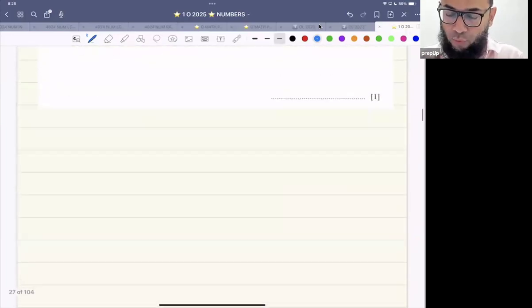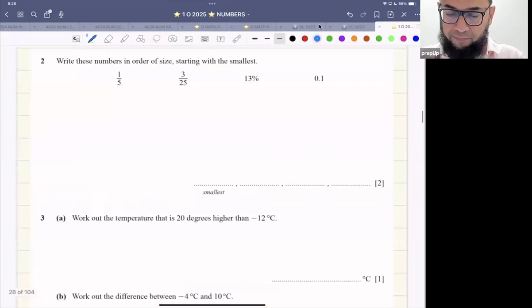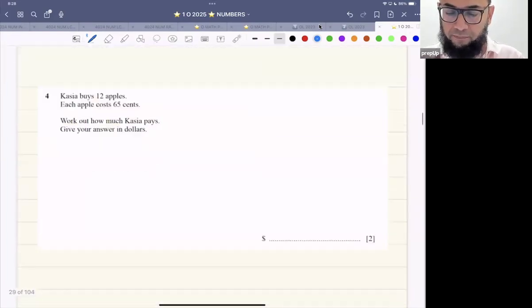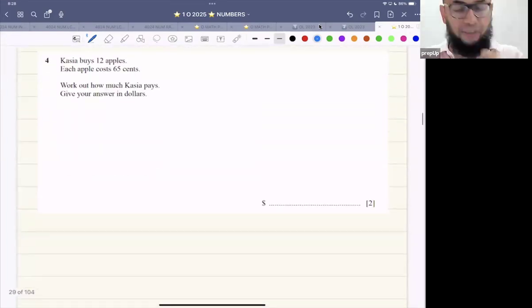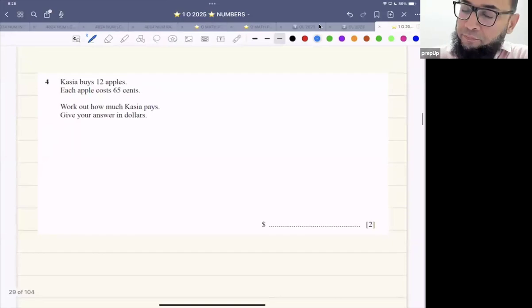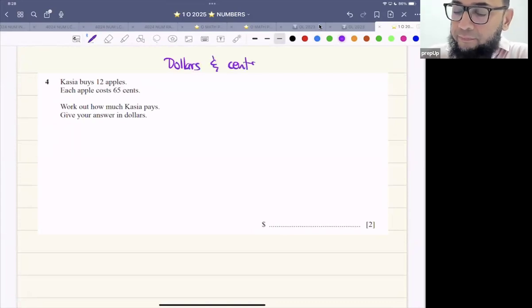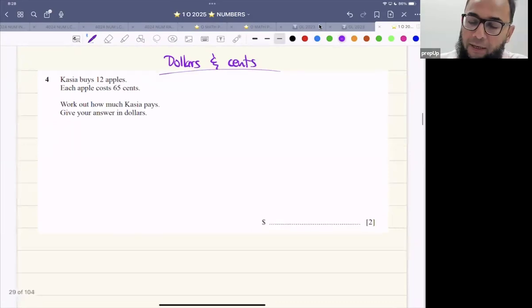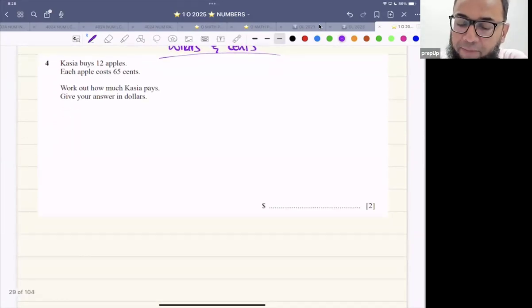Now let me choose something. Now this thing, something to do with dollars and cents. So let me write over here. This is dollars and cents. Now it says Caie buys 12 apples. Each apple costs 65.